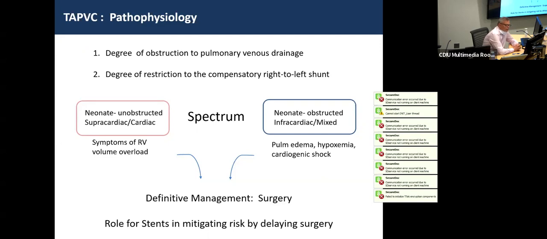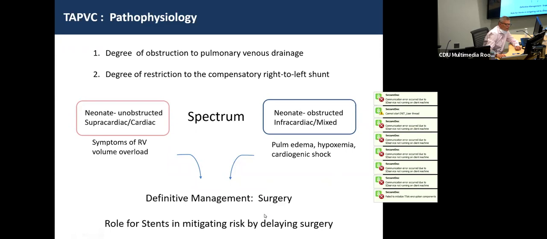Most other lesions can be temporized, as you know, with prostaglandins, etc. But this is one exception to that. In some cases, I'm not sure exactly what the percentage is, if there's any delay going to the OR, we would place them on ECMO just to support the cardiopulmonary function prior to repair.